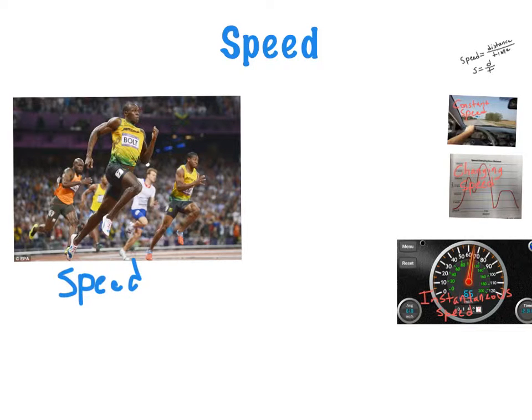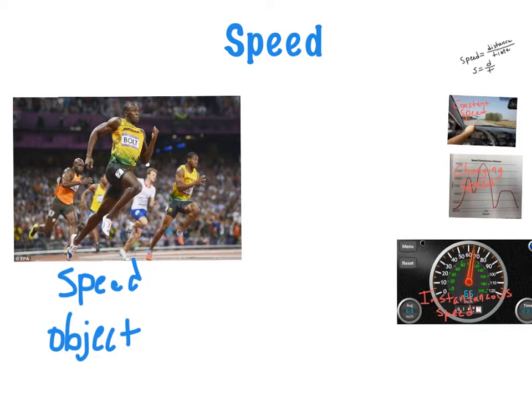To calculate this, we need to know how far an object, and it could be a person, it could be a thing, has moved in a given amount of time. We have an equation that lets us calculate how much speed something has, and we're going to work more with this when we do our lab next week. But to calculate speed, we're going to need to use this equation here.